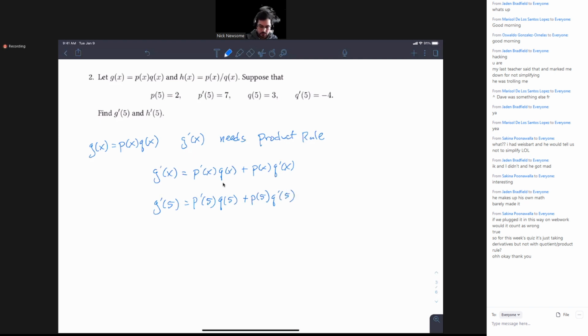And wouldn't you know it, that's exactly all the information that we were given. So without even knowing what these functions are, if all I know is what they do when you plug in 5, I can figure out g prime of 5.